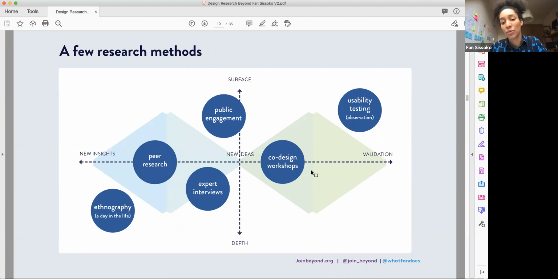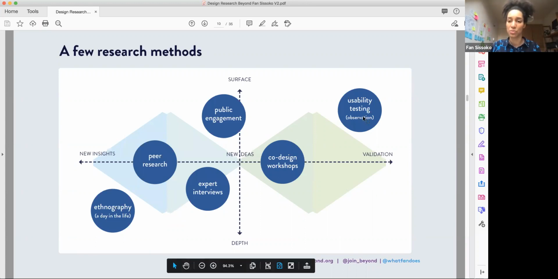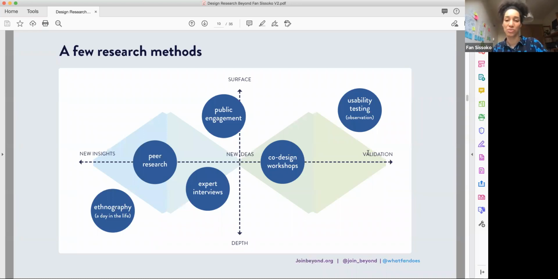And then if you've done the research already, you have a really solid basis that you're building on, and you know roughly what your approach is going to be, or maybe you already have an idea, then you want to use research methods that are more in the green corner.